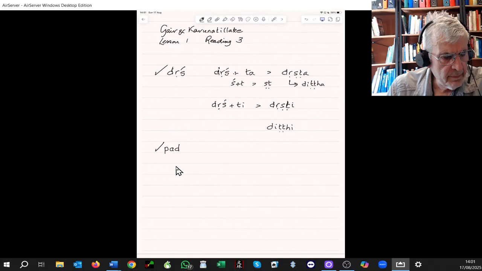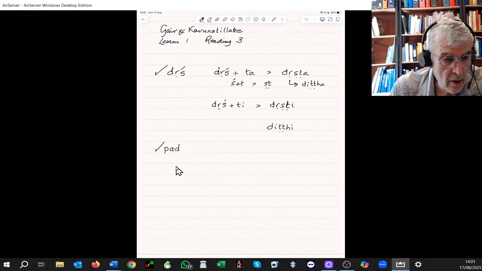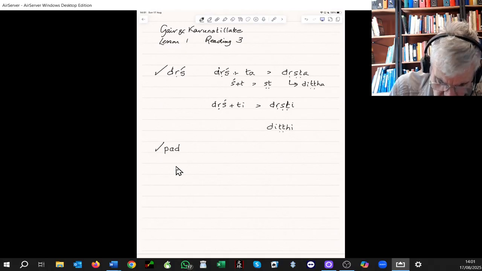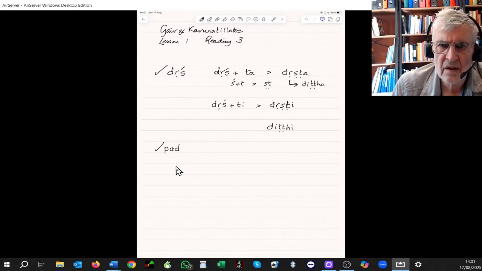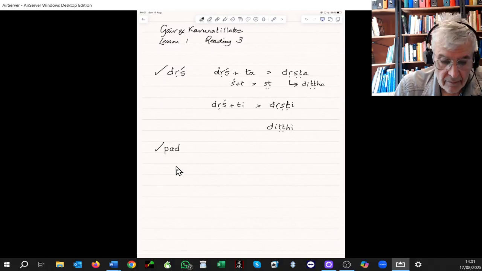The basic meaning of pad, the original meaning, is just to go. It's actually cognate with our English word foot, because the foot is that by which you go, you move, you walk. This verb makes its past participle by the addition not of ta but na.